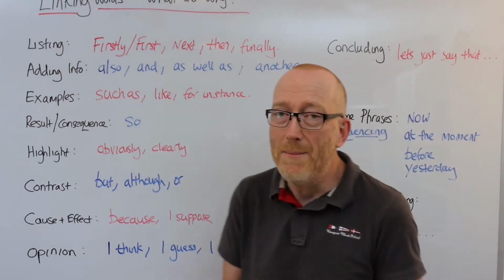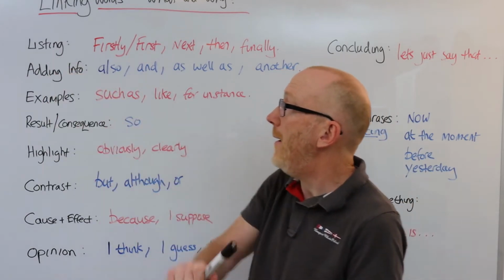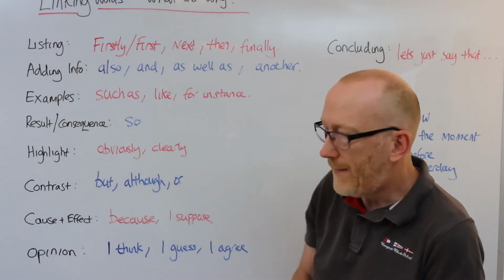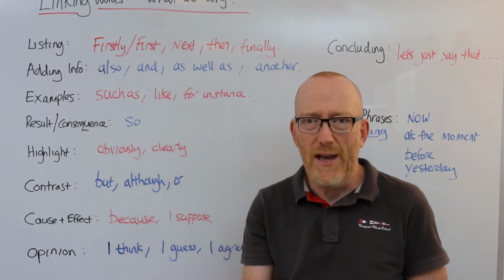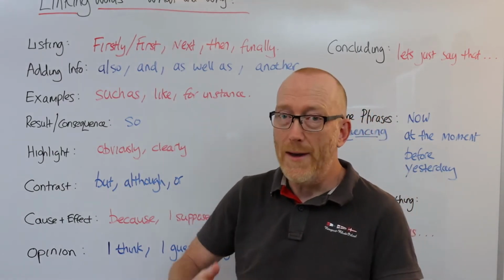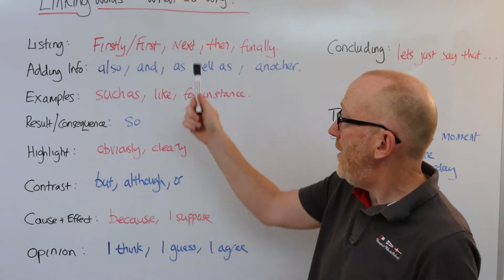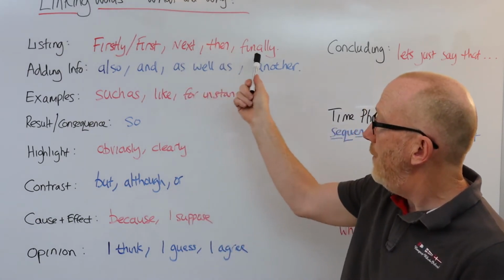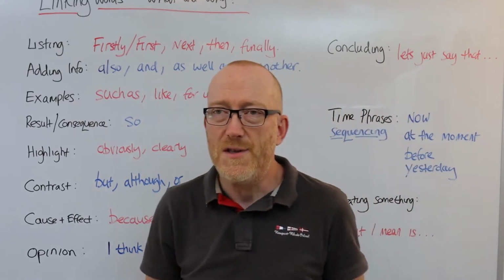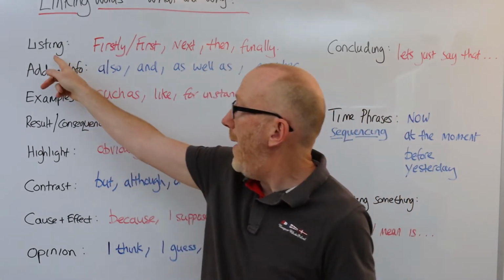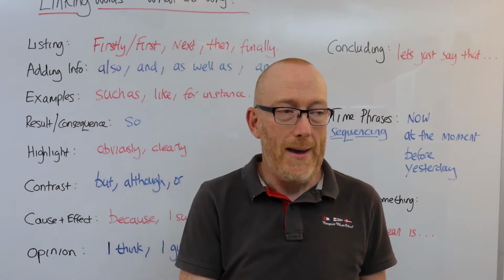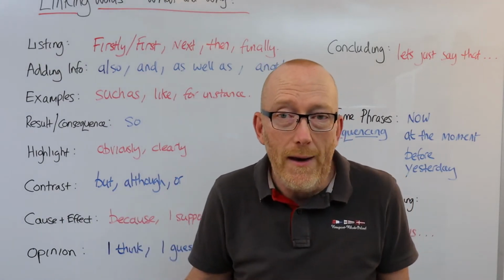So when I am listing something, firstly, secondly, thirdly, these are very, very natural ways to express yourself. But you might also want to use next, then, finally. So when you're perhaps describing, I don't know, your daily routine.